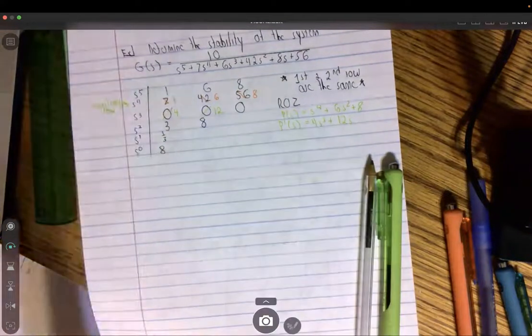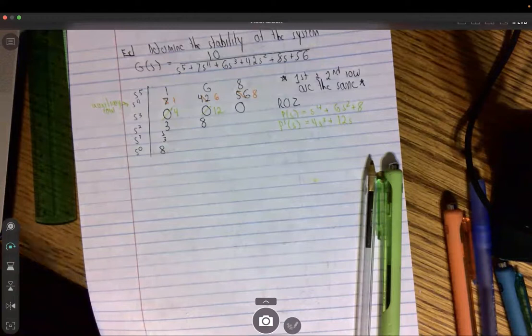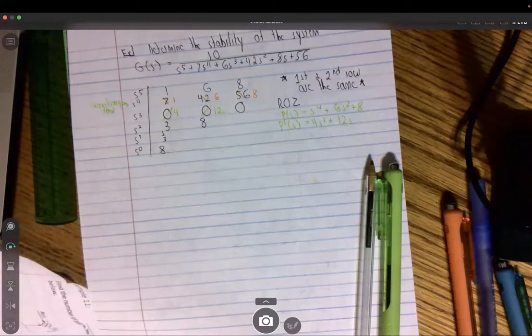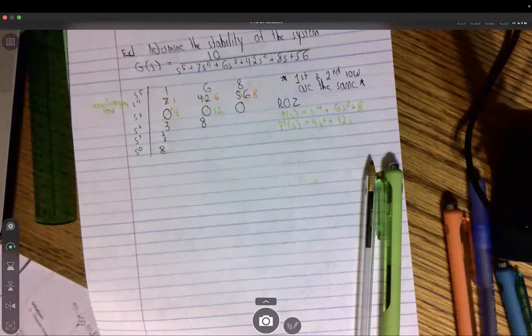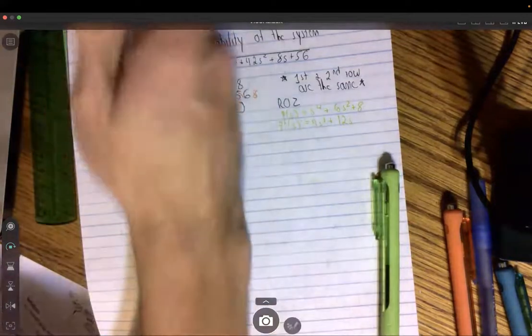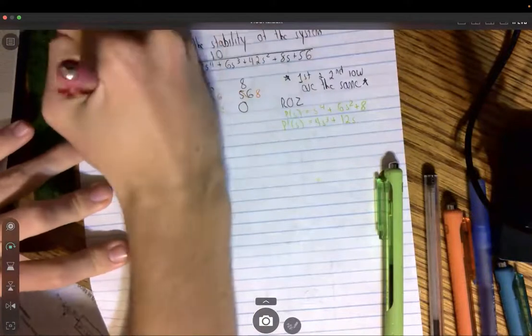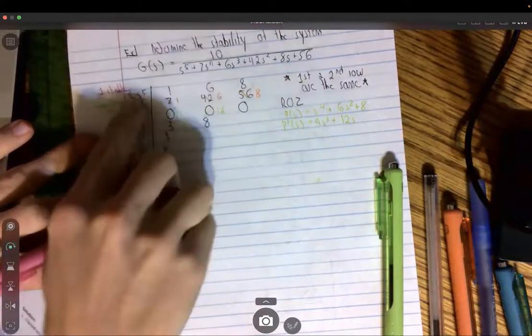So this will be a little complicated. In order to determine the stability of the system, we notice specifically that before the auxiliary row, we had one row here. So this would be one stable pole, because before the auxiliary row, there was one row.